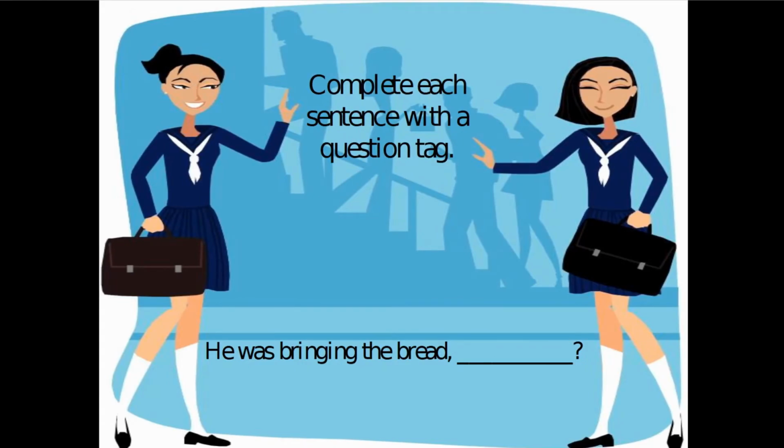He was bringing the bread. He was bringing the bread, wasn't he? In the past, was changes to wasn't. I was picking you up. I was picking you up, wasn't I?